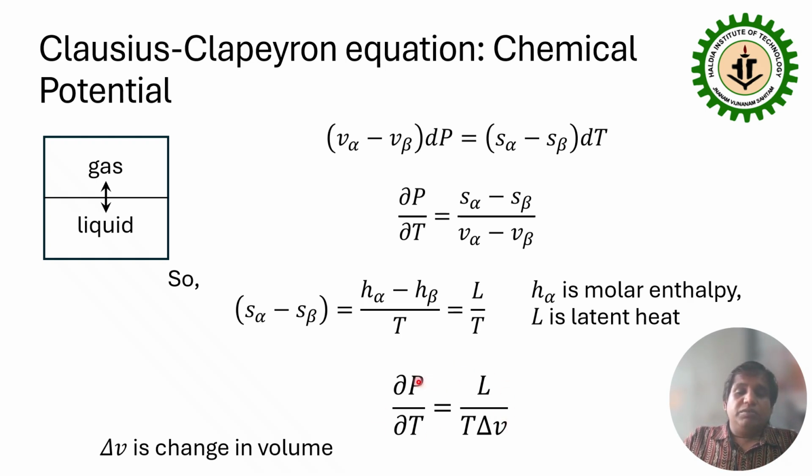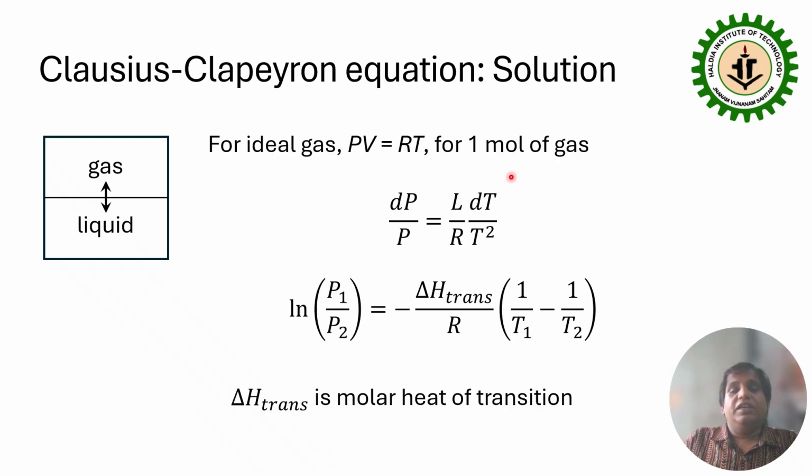Now, in order to solve this differential equation, let's consider 1 mole of ideal gas, which follows the PV equals nRT equation. If we rearrange dP/dT from the previous equation, we can show that dP/P equals L/R times dT/T².